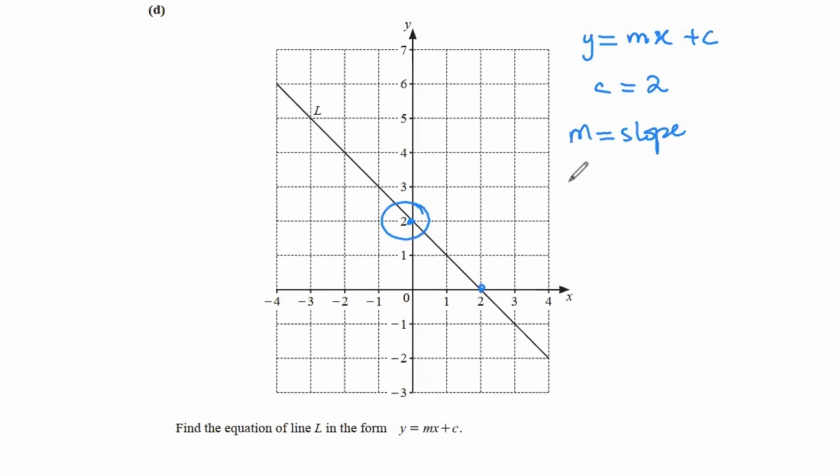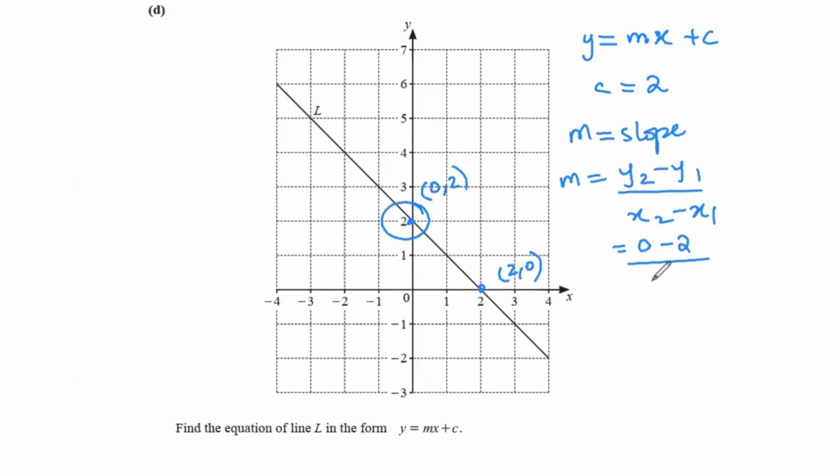So to find the slope, the formula we use is y2 minus y1 over x2 minus x1. Picking these 2 points, this is 0, 2, and this is 2, 0. So it's going to be 0 minus 2 over 2 minus 0, and that's negative 1.